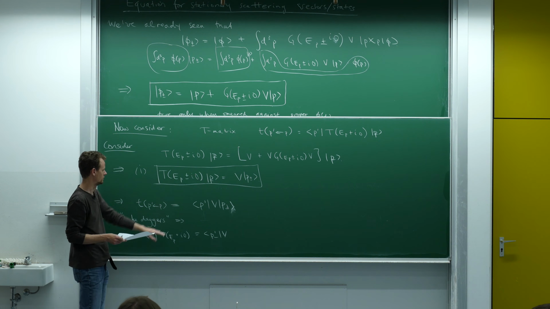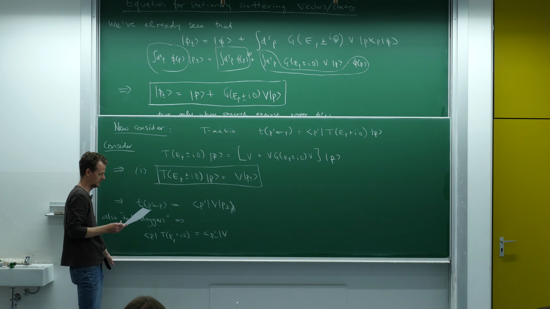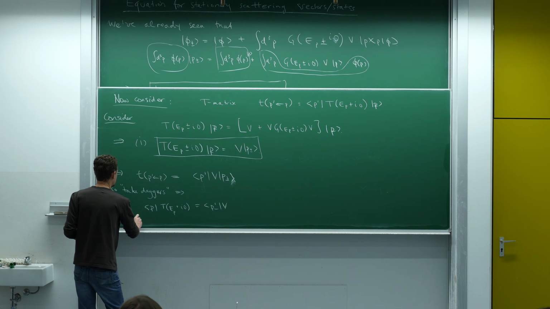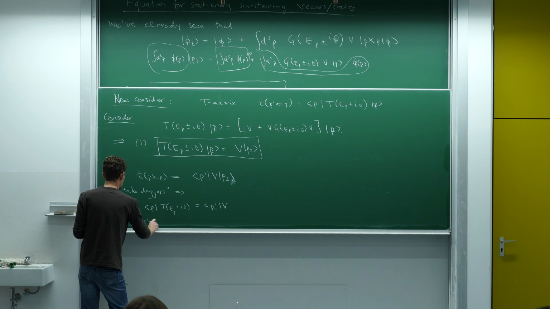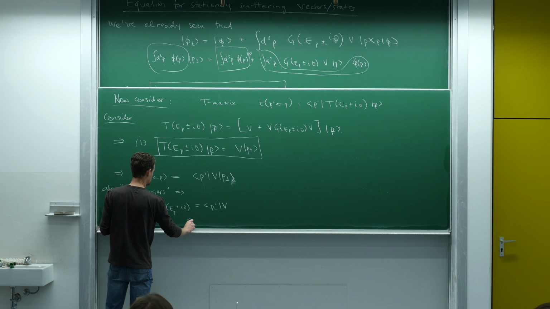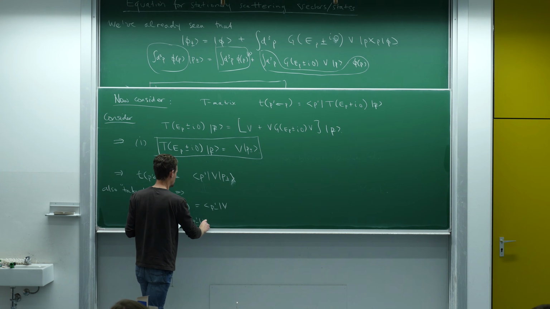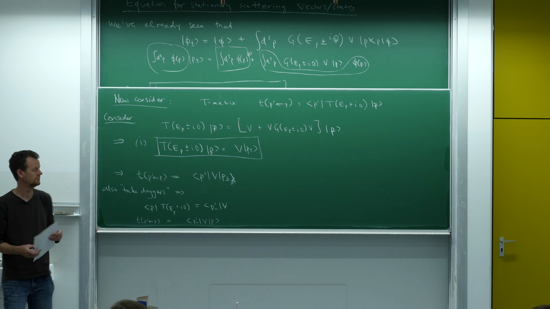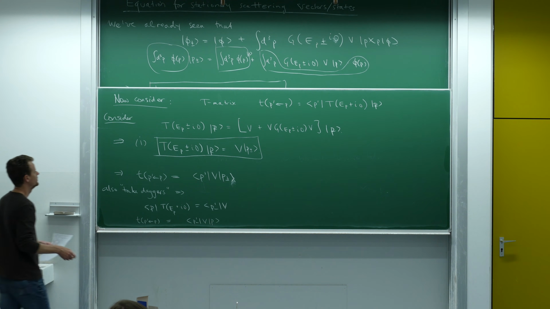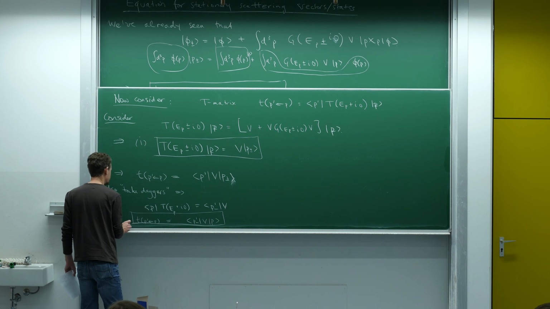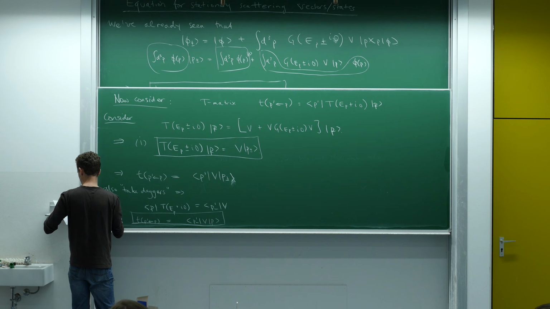And that gives us another formula for the T matrix, which is that. So we have these two formulae for the T matrix. Call that 2.